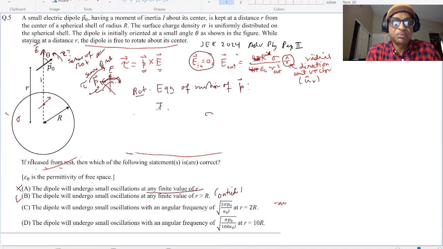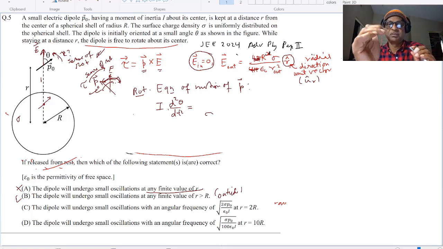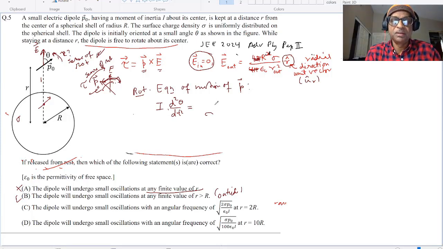It's going to be I times d squared theta dt squared, where theta is the angle coordinate, is going to be... You have to write a vector equation. If you don't write a vector equation, the sign will not come out right.